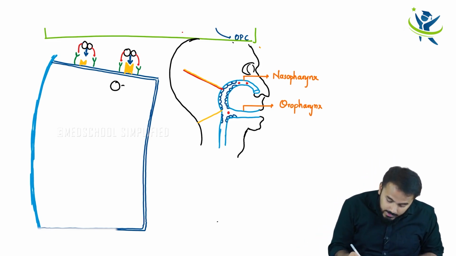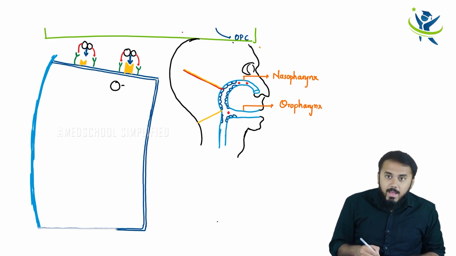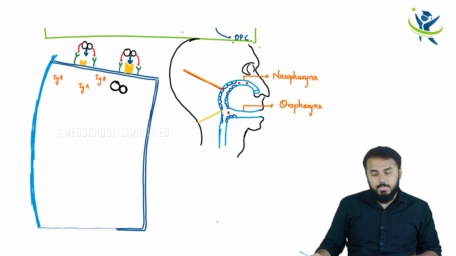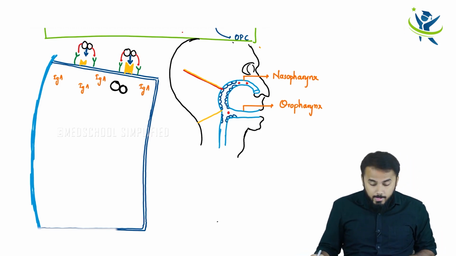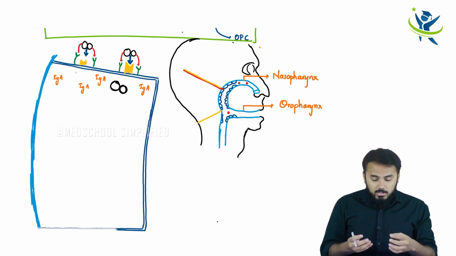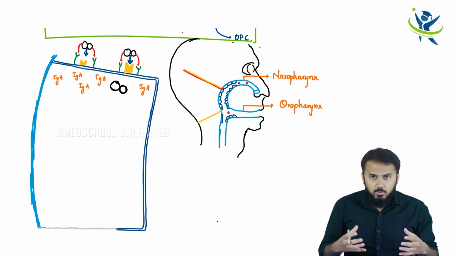So here, immediately as the bacteria enters inside, the IgA molecules start coming like this. They start coming like this, and they think that I have to attack this new bacteria which is entering into my body. Now, looking at the IgA, this diplococci or this meningococcus, I am calling it meningococcus from now.